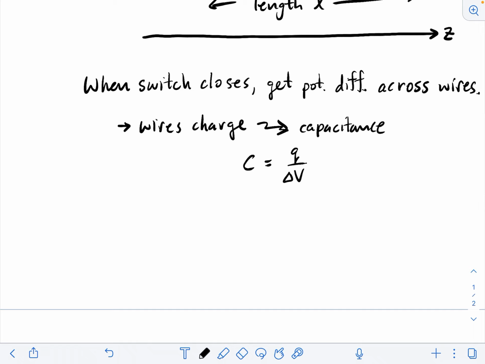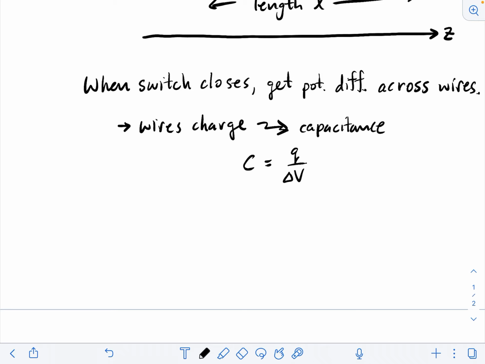Now, if initially our conductors were uncharged, then there must have been some kind of transient current to deliver the charge to the wires. And whenever you have a transient current, a current that changes with time, then you can associate an inductance with whatever your experimental setup, your circuit, is.